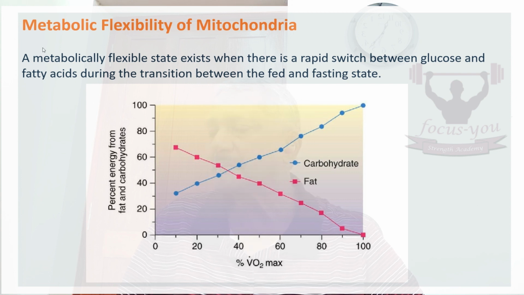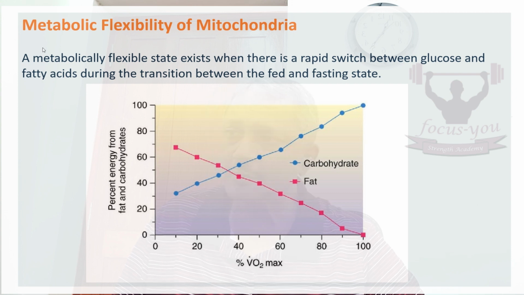The y-axis represents percentage of energy derived from using fat or carbohydrates. And you can see that at the very beginning, at low intensities of the exercise or activity, fat, which is represented by the red line, is the main contributor of energy. The carbohydrates represented by the blue line is also a contributor, but much less so.